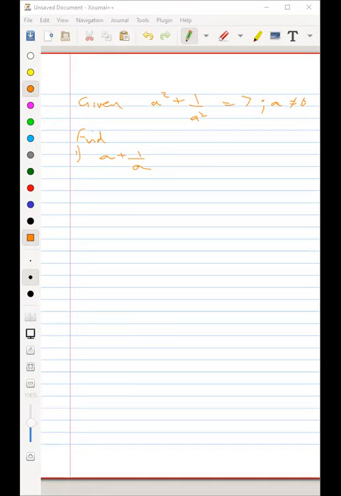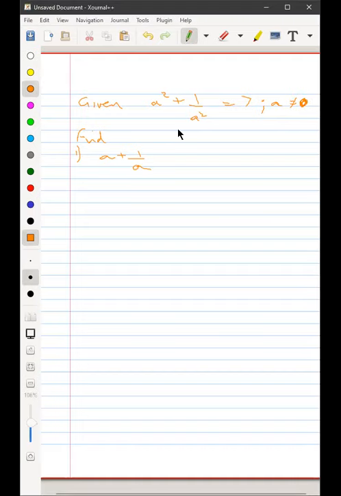We're given that a squared plus 1 upon a squared is equal to 7, and a is not equal to 0. Find a plus 1 upon a.